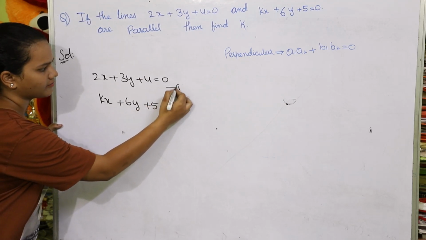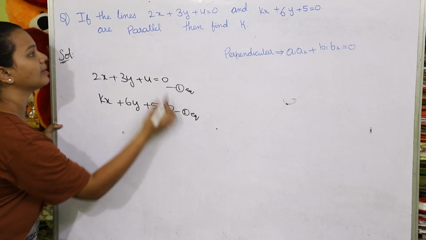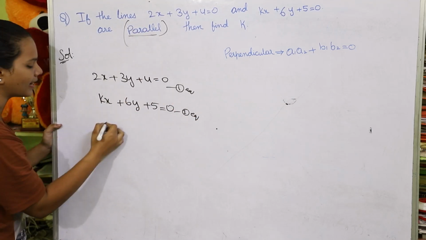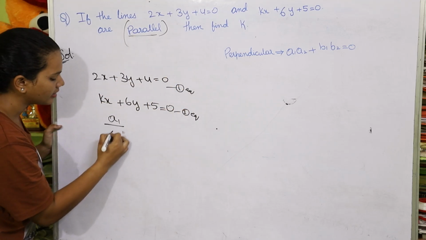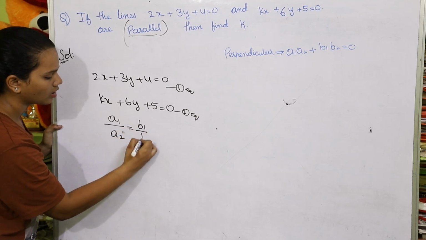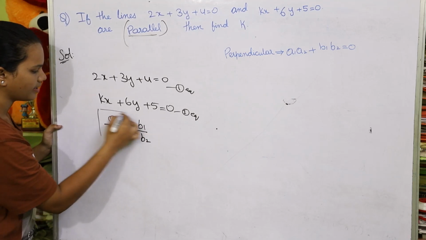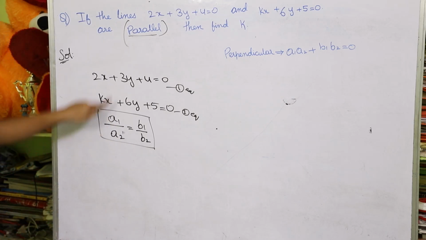Right? First equation, second equation. Now here in parallel, the formula is not in multiplication form but in fractional form, where a1 by a2 is equal to b1 by b2. Clear? This is the formula for parallel.